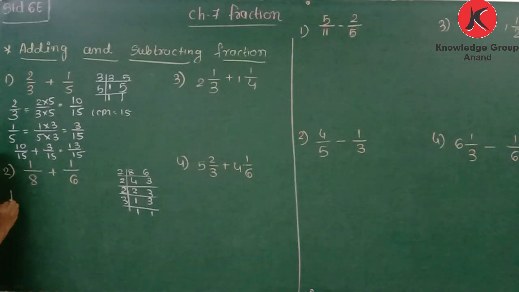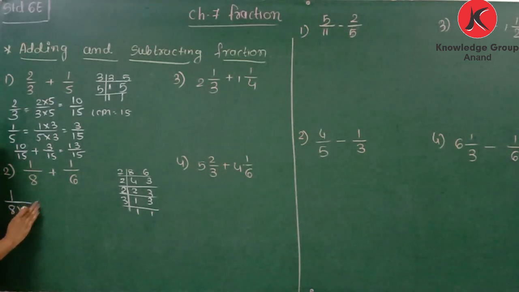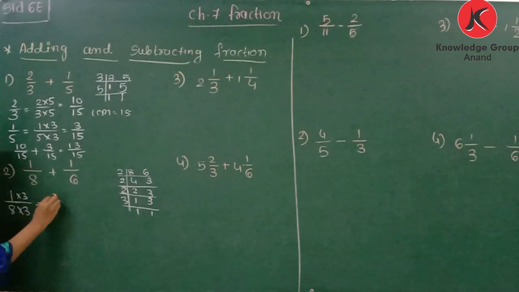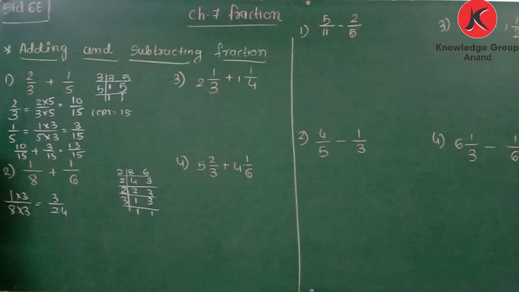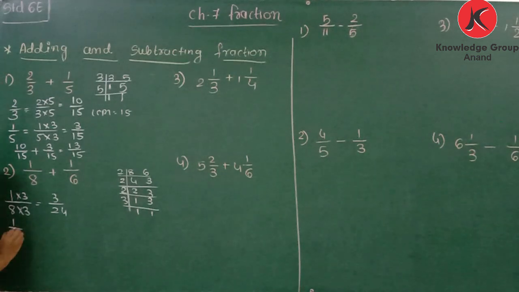So now 1 by 8 is here. By which number should we multiply 8 to get 24? Here we should multiply with 3. The same number in the numerator. So we will get 3 by 24. Now 1 by 6. By which number should we multiply to get 24?